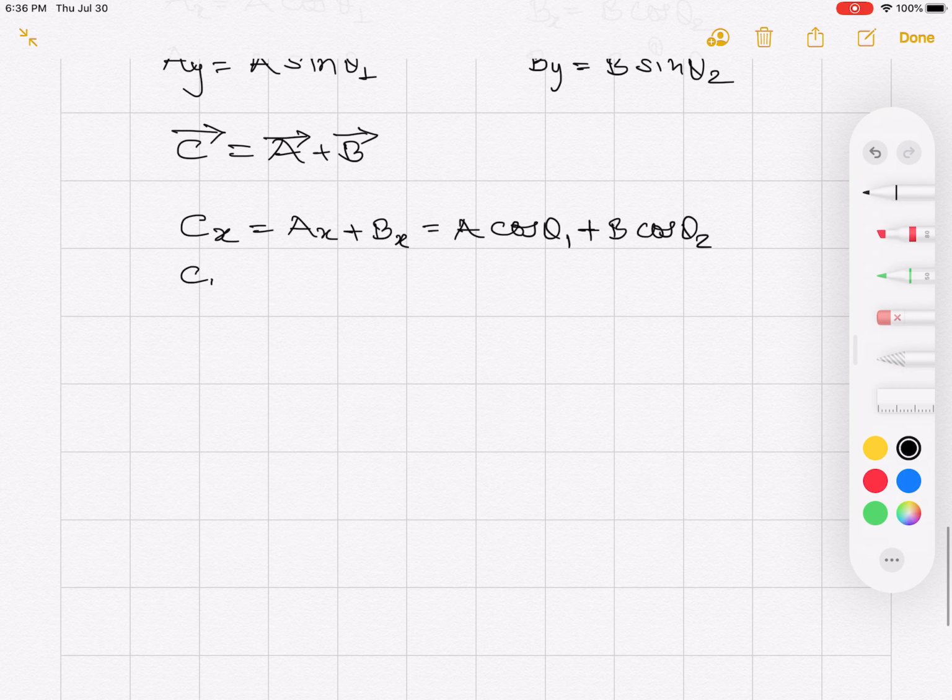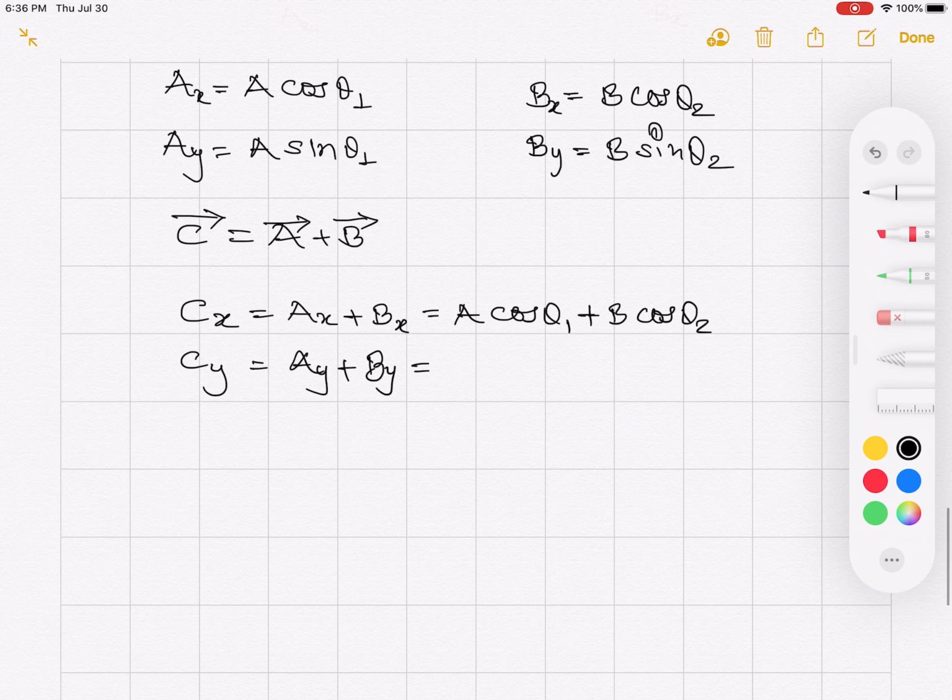And the y component is AY plus the y component of B, which is A sin theta 1 plus B sin theta 2.